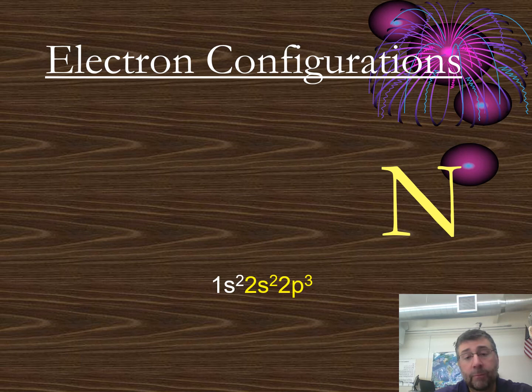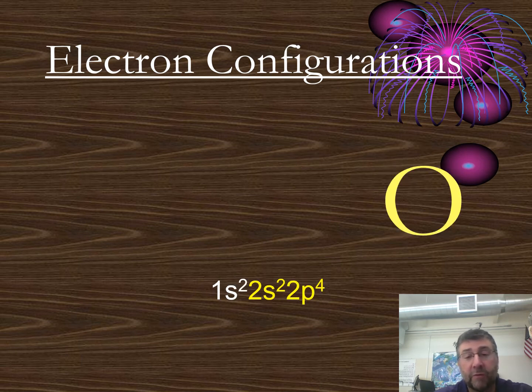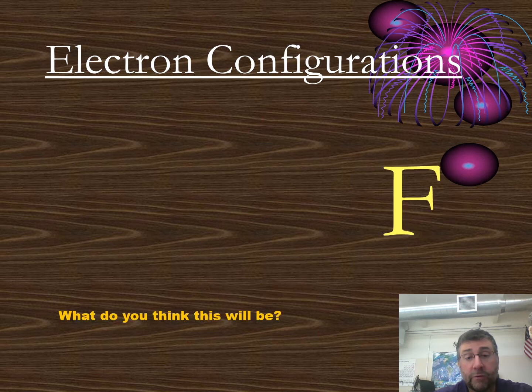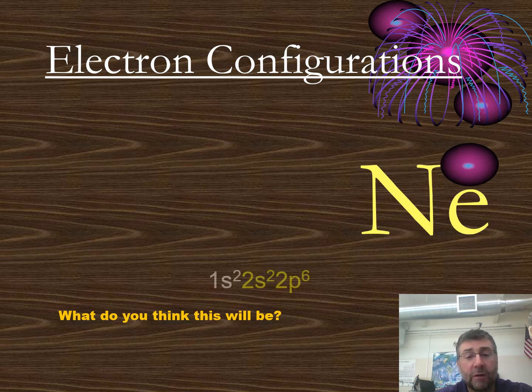Oxygen, next one over, 2p4. Then fluorine, what do you think that's going to be? It'll be 2p5. And the last one in that row is neon, 2p6. 2 plus 2 plus 6 is 10.